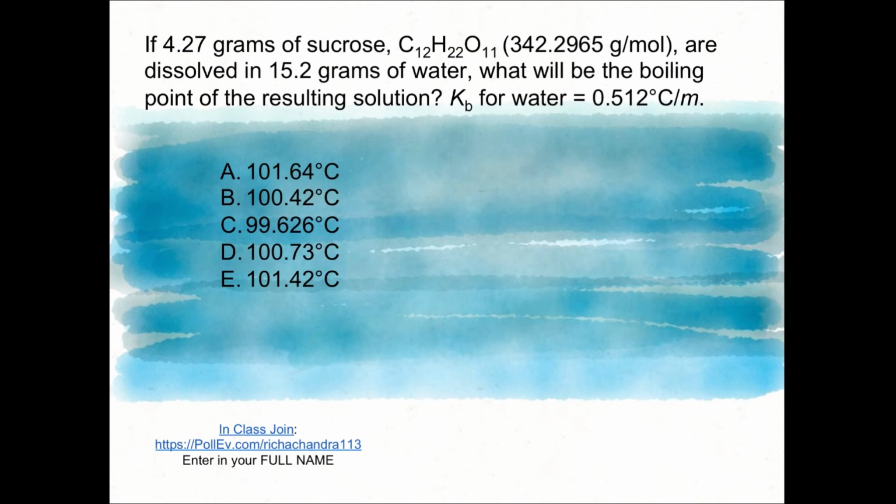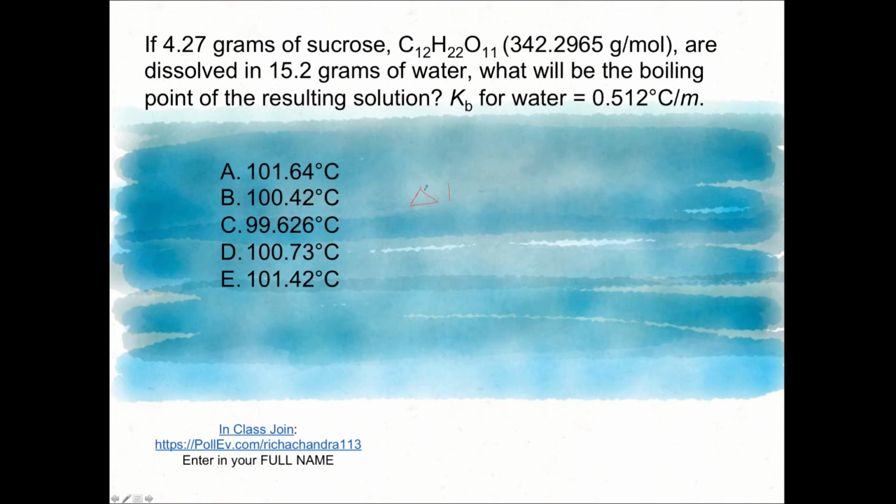All right, so this is the next poll everywhere question. So go ahead and pause the presentation so that you can work through this problem. If 4.27 grams of sucrose are dissolved in 15.2 grams of water, what will be the boiling point of the resulting solution? Remembering that we're looking for our boiling point elevation value.